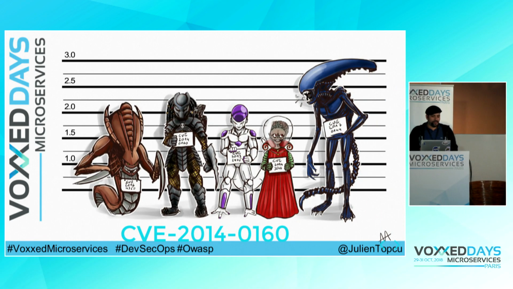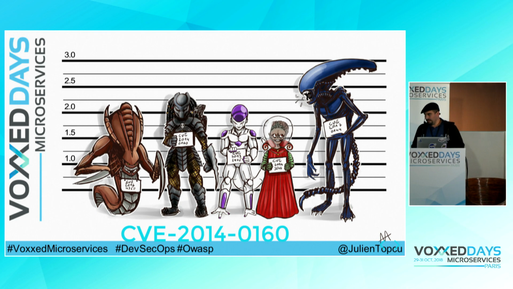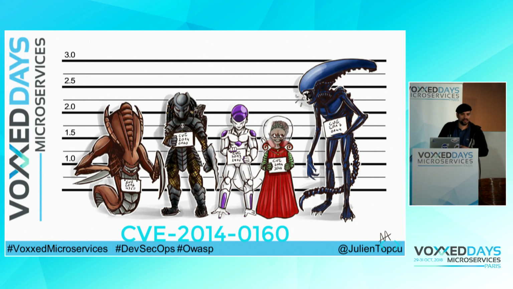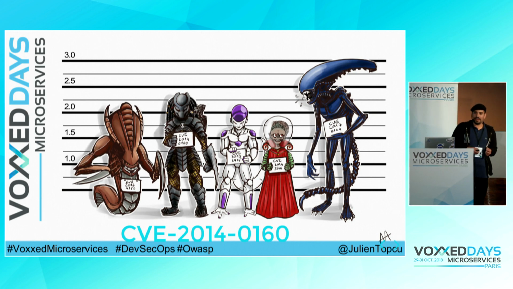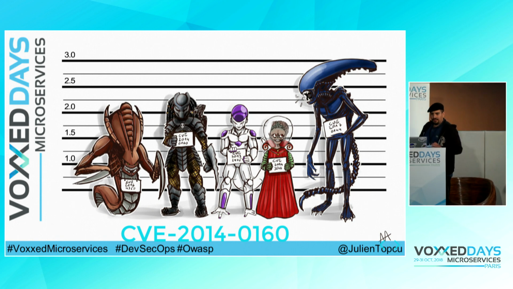So I will keep the image of the alien to talk to you about the vulnerabilities. I know that most of the people here may have not seen an alien in their life, but that's it. So you have to know that there is a public database over the internet that is named the National Vulnerability Database, and like you can imagine, that is hosted by the US government.